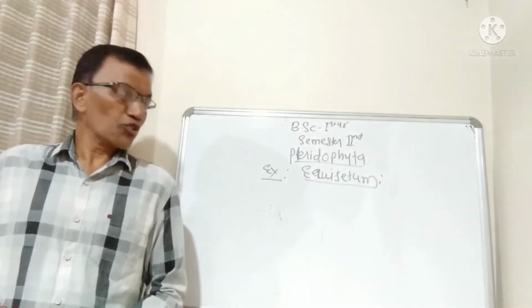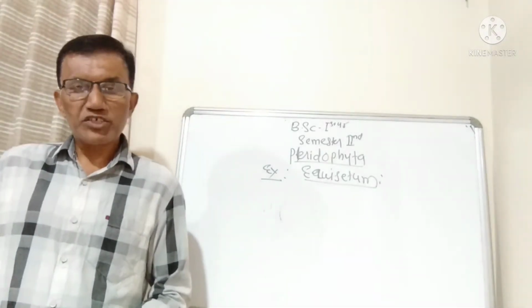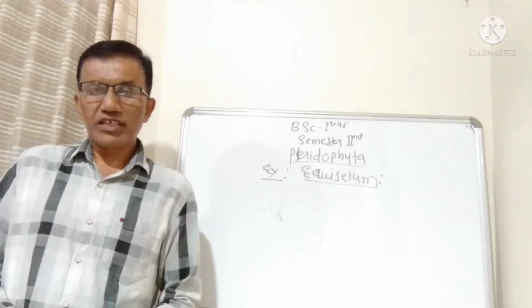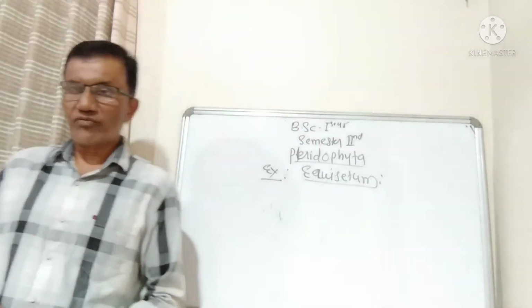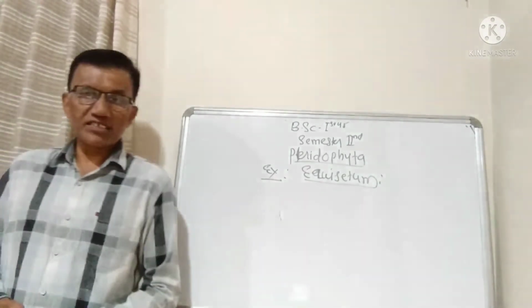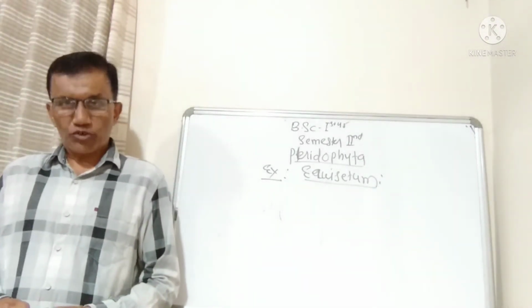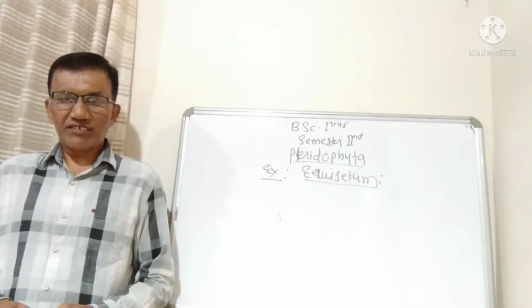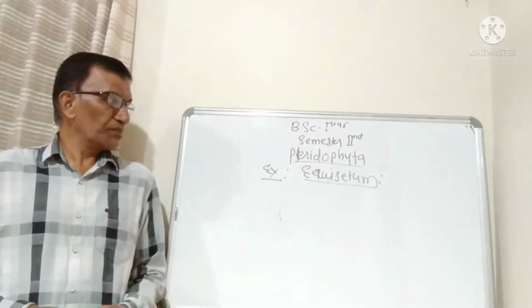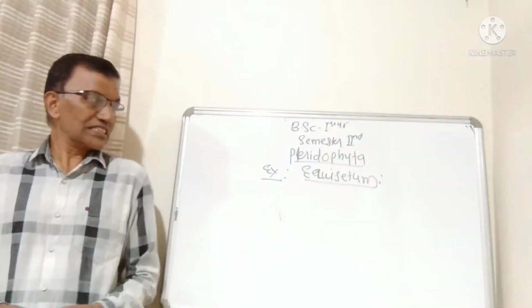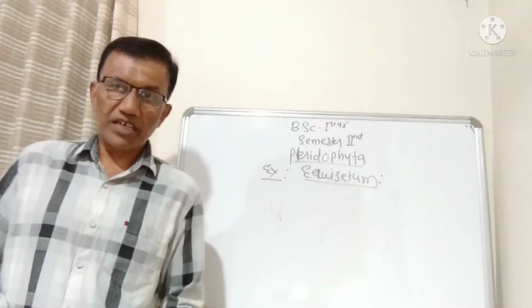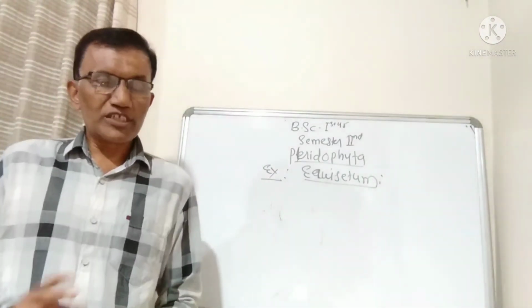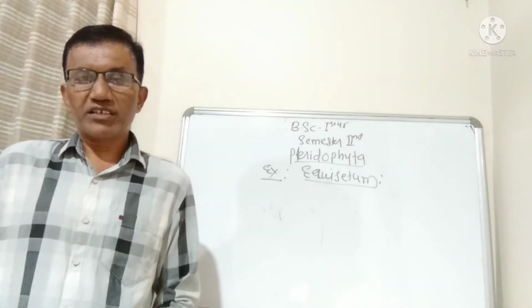In case of Pteridophyta, 5 examples are mentioned in which you have to study the complete life cycle of each example. Already we have covered Psilotum, Lycopodium and Selaginella. The remaining two examples are Equisetum and Marsilea.